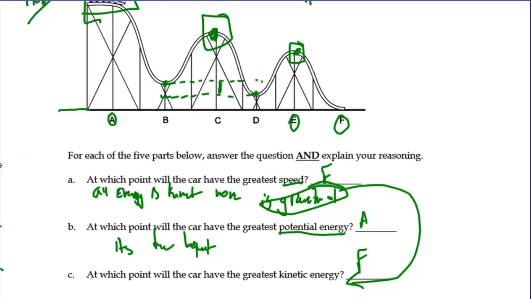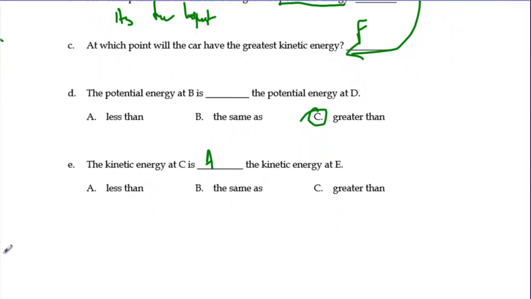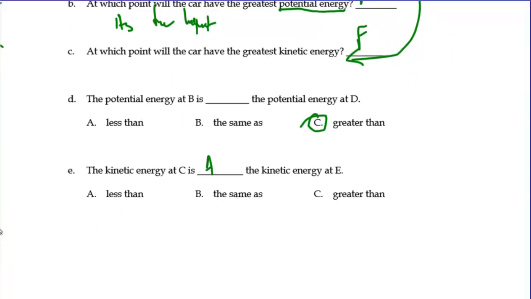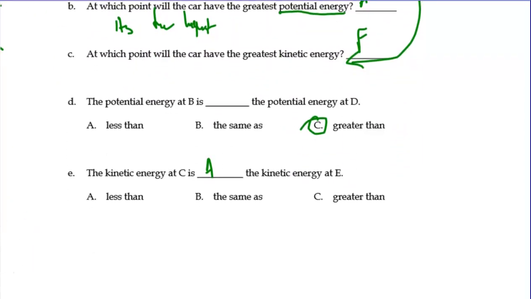So we know it's moving faster at E, has more kinetic energy at E. So the kinetic energy at C is less than the kinetic energy at E because more of the energy is potential at C, and so that means more of it's kinetic at E. So it's just a trade-off of one point to another.